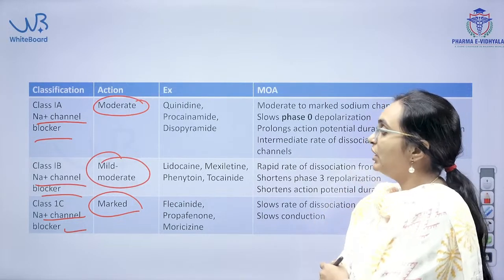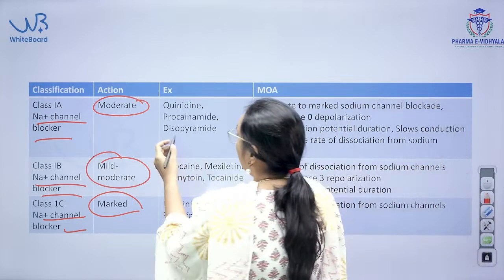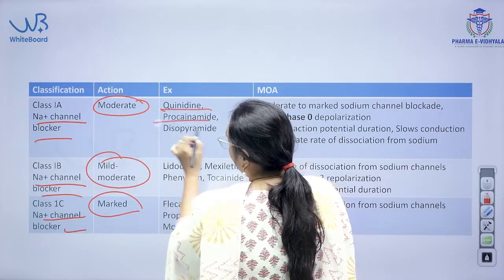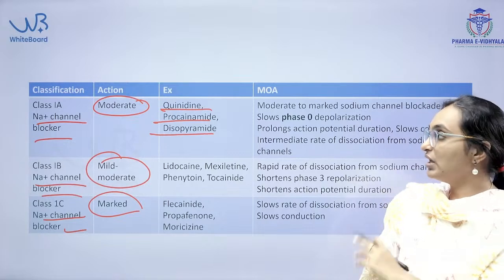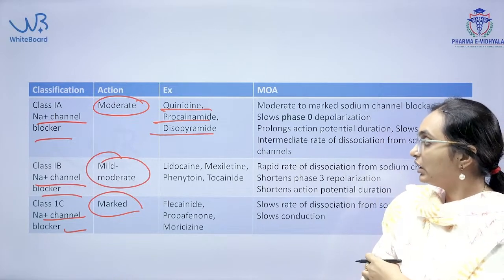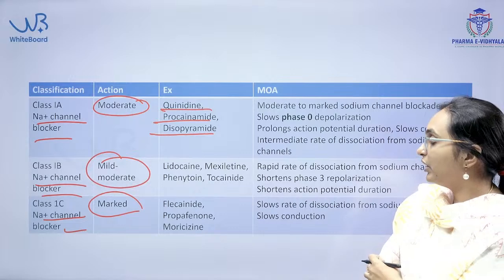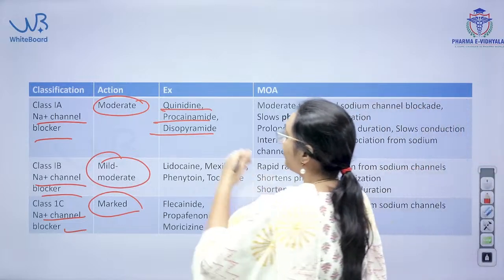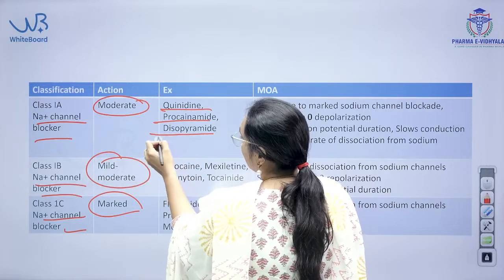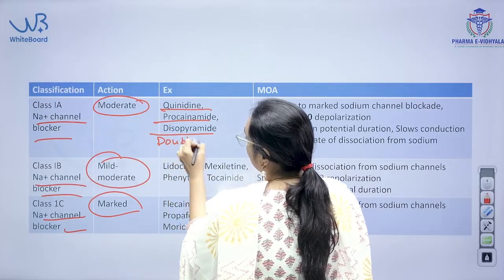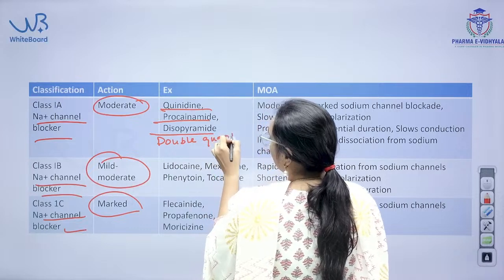Next, examples. Examples are quinidine, procainamide and disopyramide. These are class 1A drugs. How will we identify them? Double quarter. Double quarter.